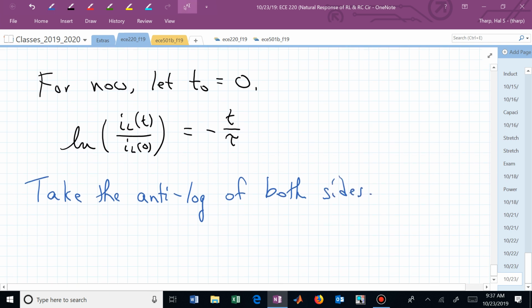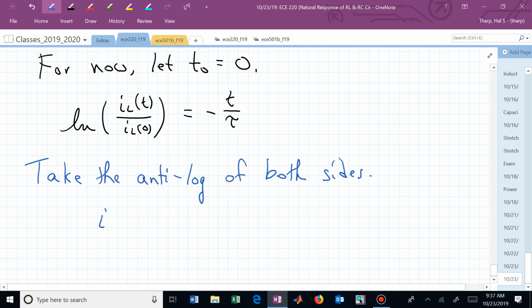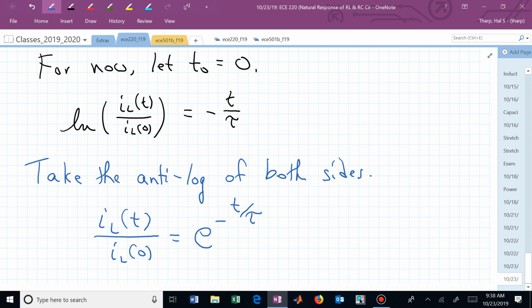and I now end up with I sub L of t over I sub L of 0 is equal to e to the minus t over tau, where e is now our anti-log function.